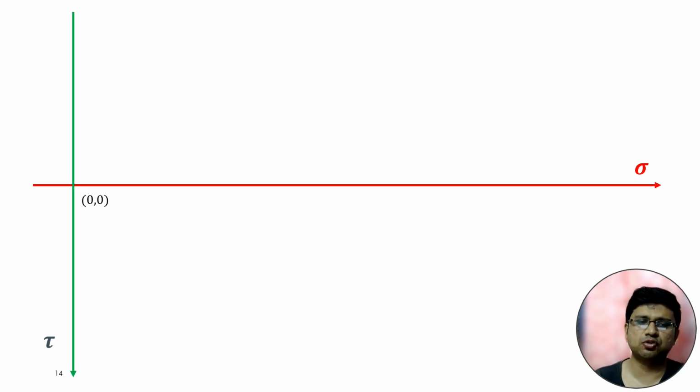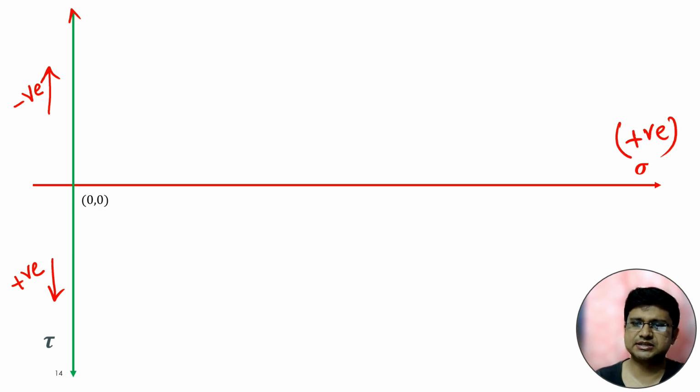Suppose for this particular condition, we are considering that this is the direction of positive tau. That means if it is in that direction, then it will be negative tau, and here it is positive tau. And this is the direction of positive sigma, positive normal stress. For different books, for different cases, this convention can be different, but here we are considering this only.